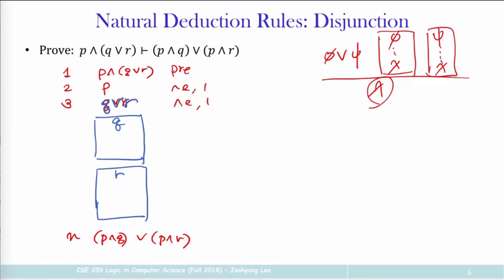Okay? Now, in each of these assumptions, what should I derive? What is my conclusion? In each of the case, when Q is true, what is my goal to prove in the box? It's actually this guy, because this is my x. I need x.